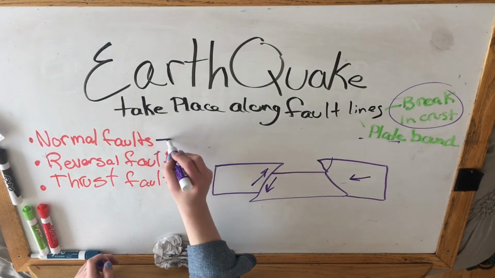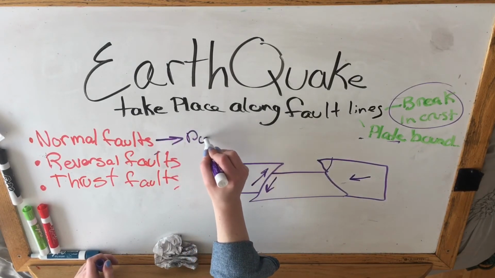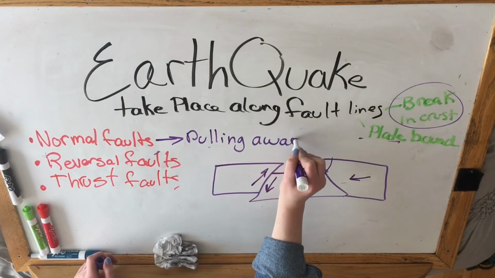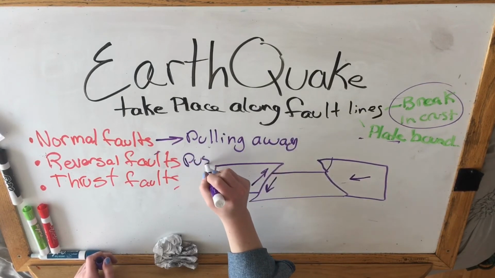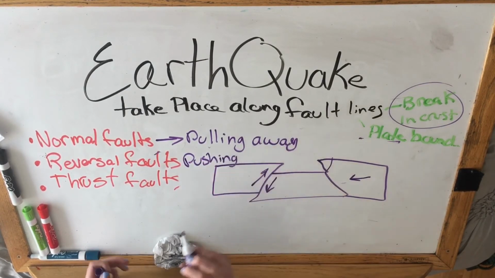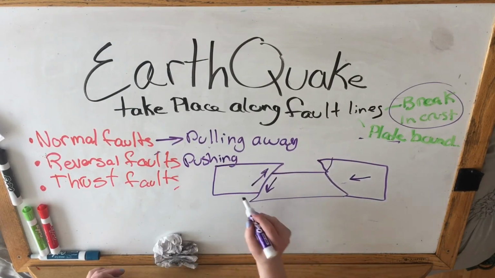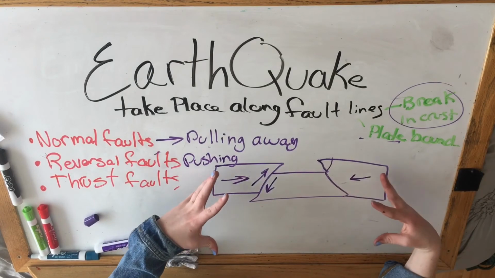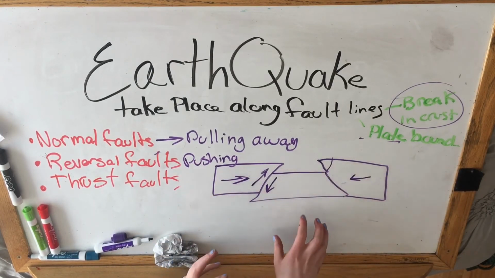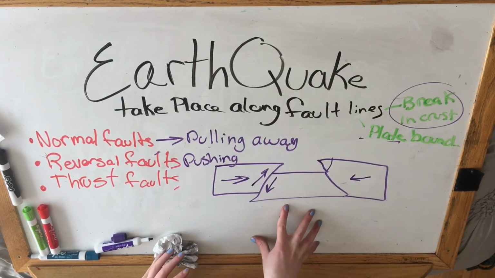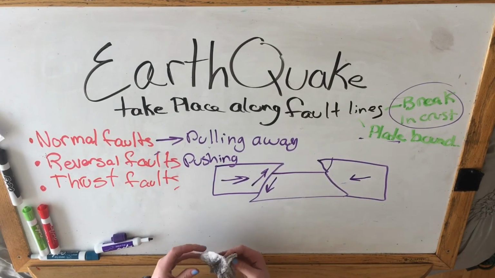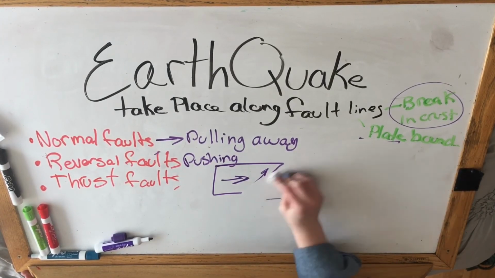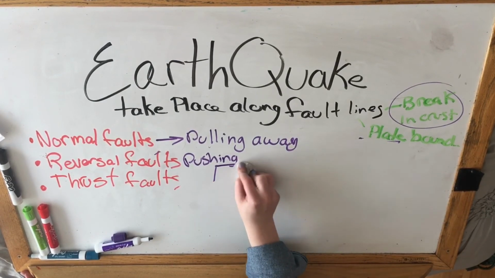A normal fault is pulling away. This is pushing. So it's being pushed in, and then as it is pushed in, this falls down into probably the Benioff zone or something down here, which I'll talk about later, and it will create an earthquake. So an earthquake happens along those fault lines.